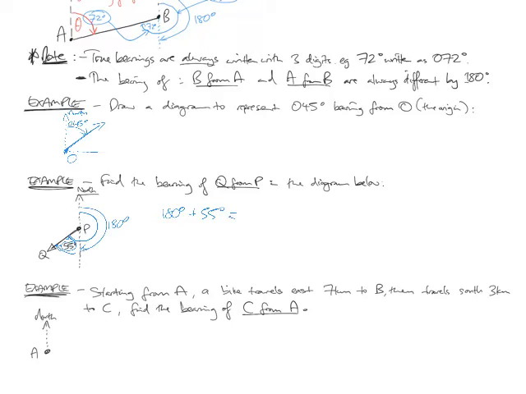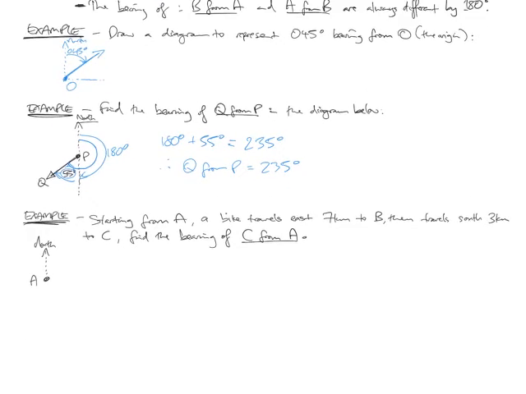Ooh. Graphics calculator. 180 plus 55, 235 degrees. So you'd write it Q from P is 235 degrees.